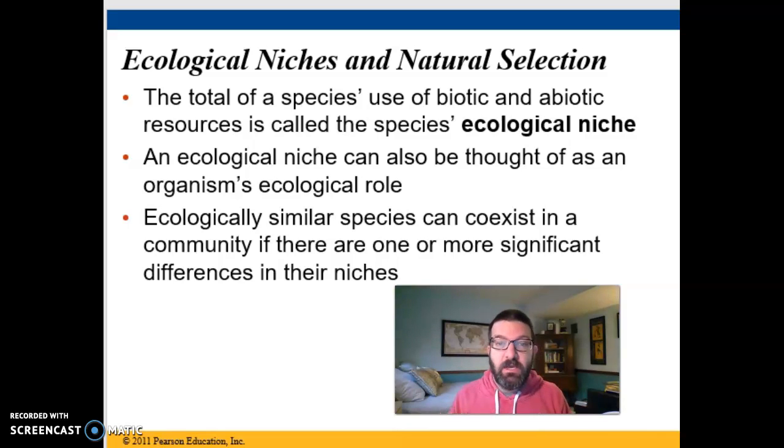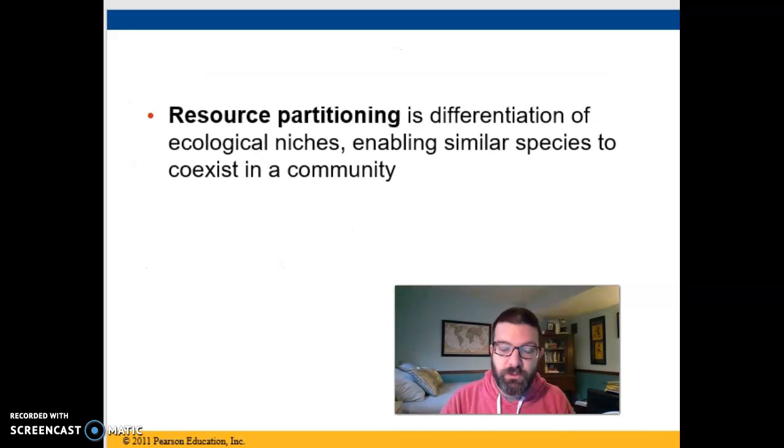That said, you can coexist if you're similar species, as long as there are one or more significant differences in your niche, in the way that you make your living as an organism. This is called resource partitioning.